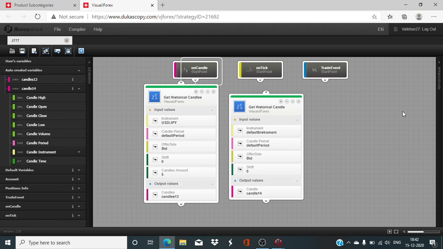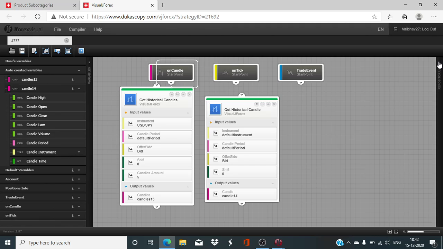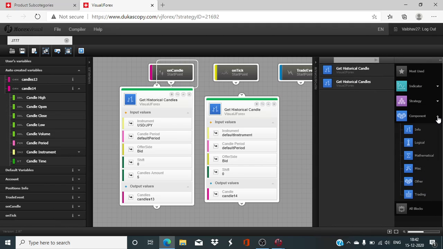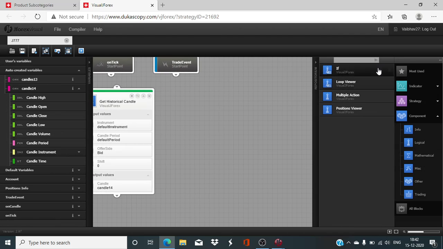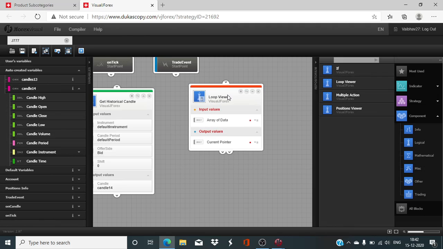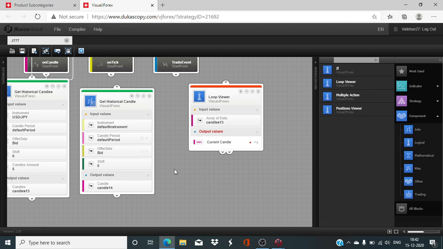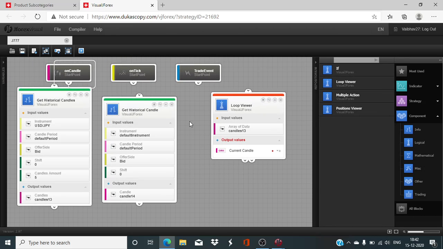The key requirement is that we have to use another component named loop viewer. For today's session, I won't be explaining in detail what loop viewer is. We will do a loop viewer session separately, but to retrieve the data, all you have to do is take this candle 13 and put it in the array of data. What this block does is look at multiple data points at the same time.